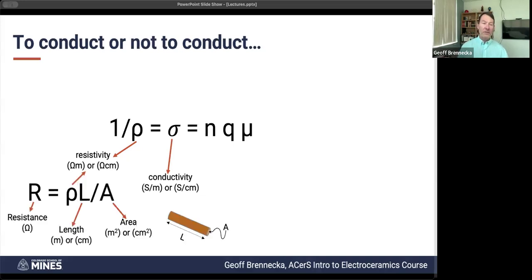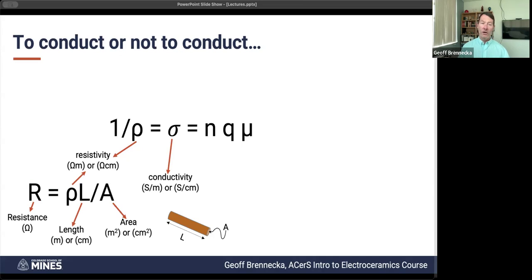So from this, if we're looking at resistance, if you go in the lab and grab a Fluke meter or something and measure a sample, you don't measure resistivity, you measure resistance. And so resistance is going to be the extrinsic portion. Resistivity is just the intrinsic representation of that. So it's scaled by the sample size.